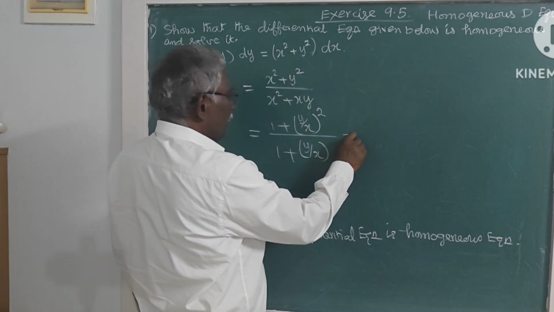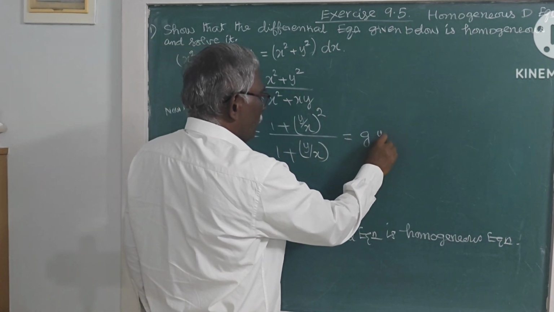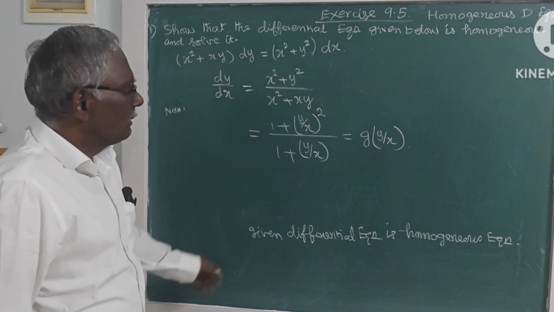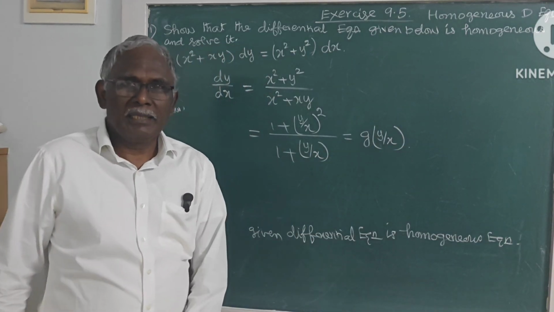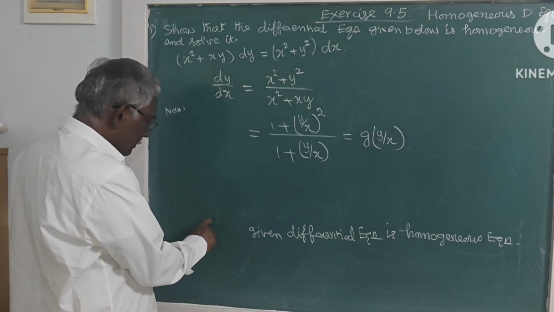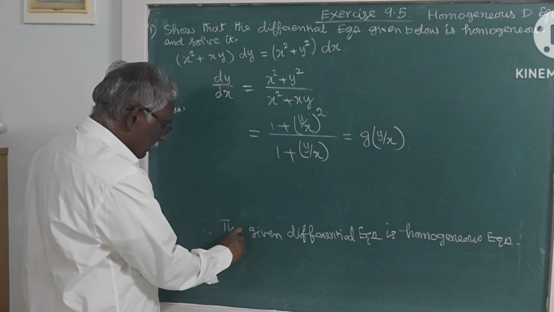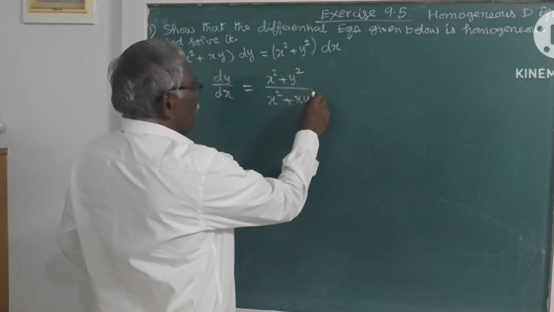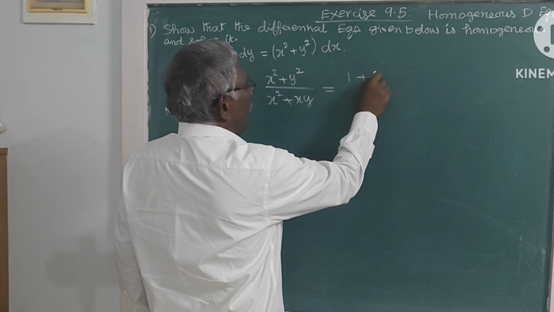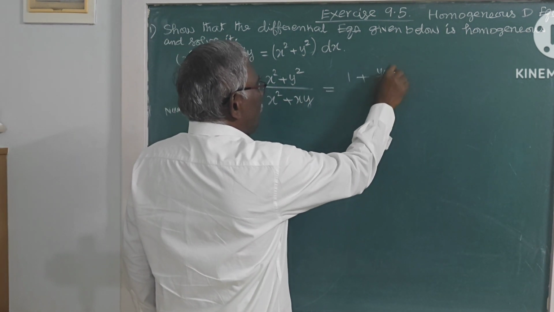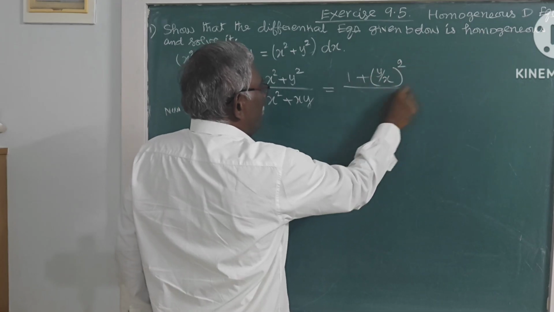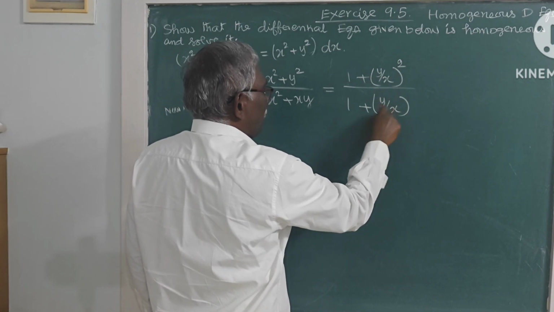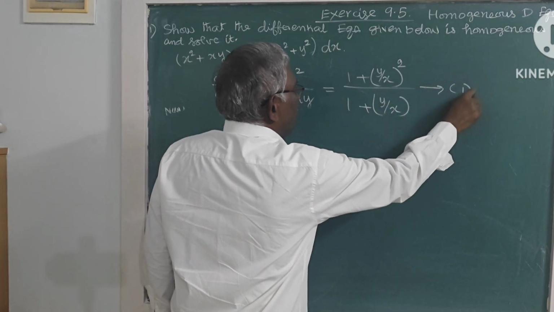So we can write this in the form of g of y by x, a function of y by x. Therefore the given differential equation is a homogeneous equation. You can write this as 1 plus (y by x) whole square by 1 plus y by x. We call this equation 1.